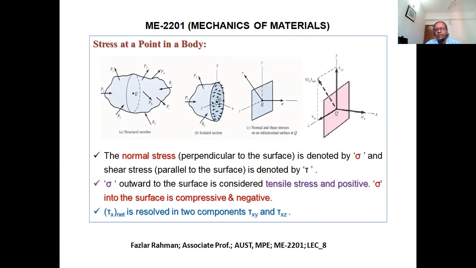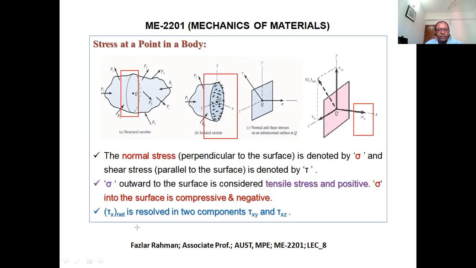Say a body has external load or force from multiple directions. If you take a cross section, in that section, how many forces or stresses will there be? There will be one stress called normal stress, perpendicular to the body. Say we cut it right over here. This is the cross section.